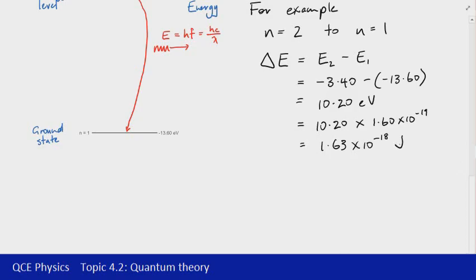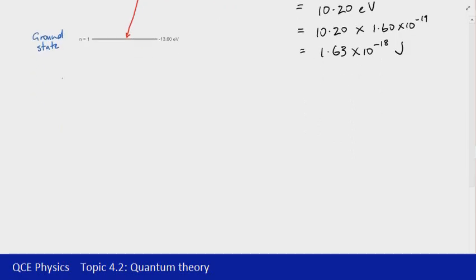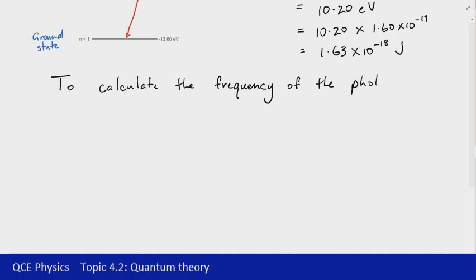So there's the first important step. We now have the energy that's associated with that photon, so that's this quantity here, and we can use that to calculate the frequency of the photon. And that's the equation that we just jotted down before, and we can rearrange that to calculate the photon frequency.